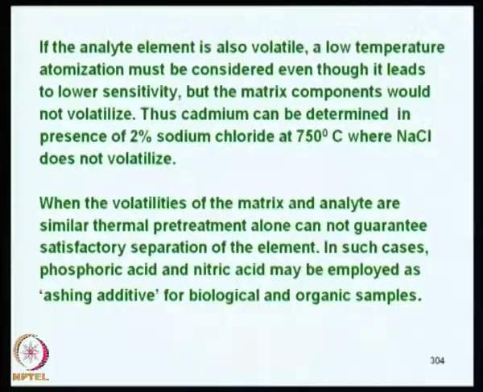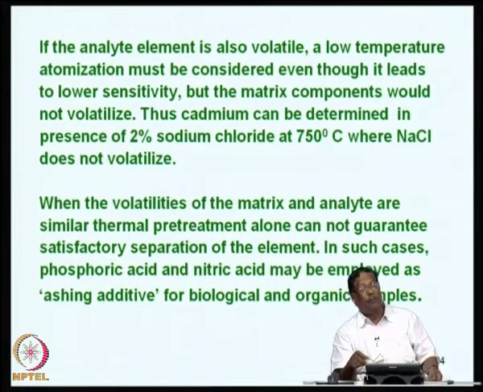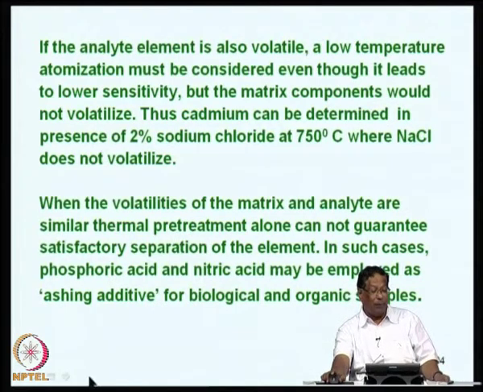It is easier to ash in the presence of phosphoric and nitric acids. Most biological and organic samples are treated with nitric acid, because it aids in ashing, and most of the pretreatment components can be removed.